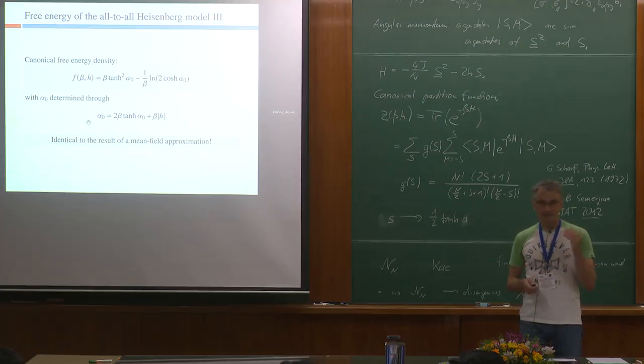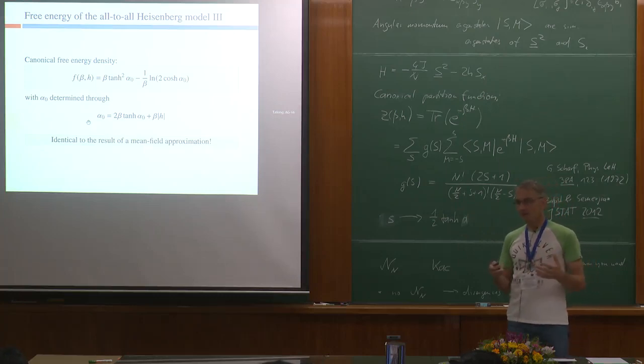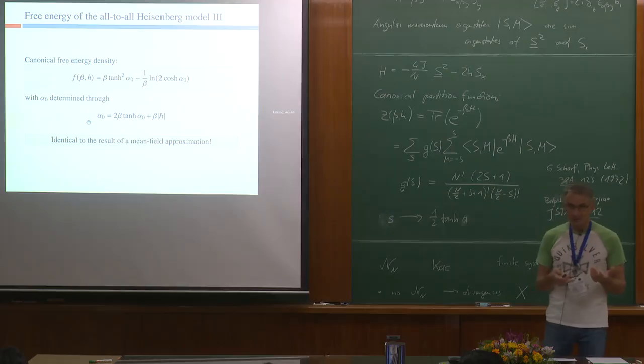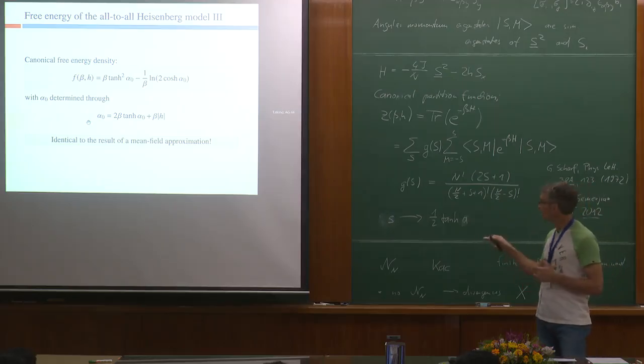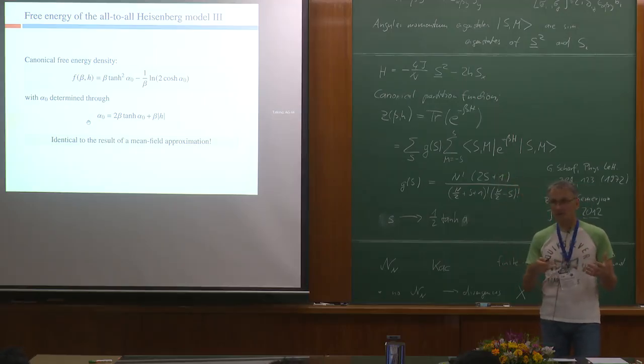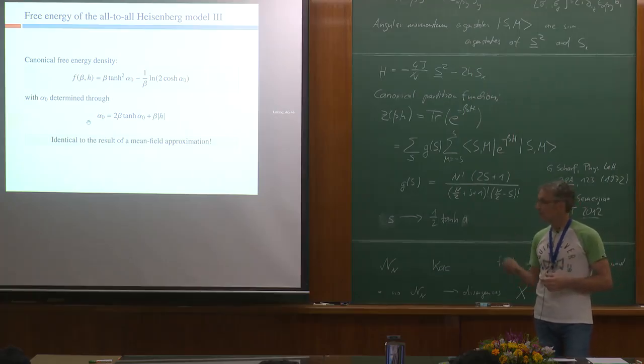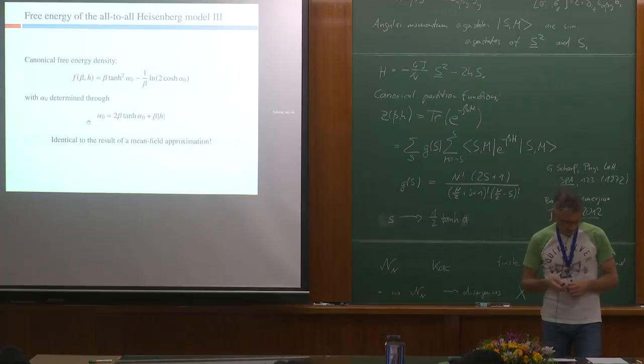So if we had not done this calculation, but a mean field treatment right from the start, we would have gotten the same result. I think this is a remarkable observation, and it's also the reason why people sometimes call the class of all-to-all models mean field models, because first it resembles a mean field description, where everyone sees everyone else, and it also has mean field as its exact solution here.